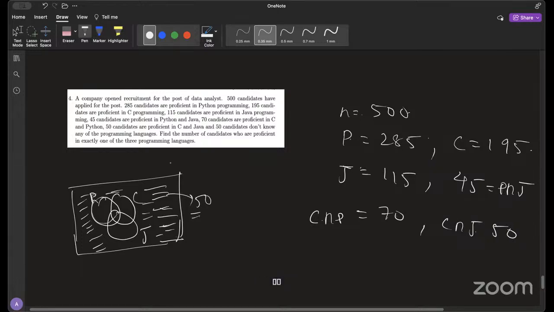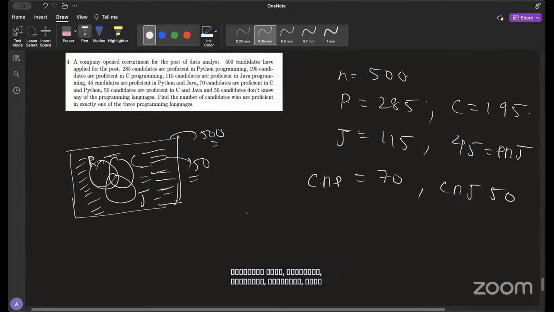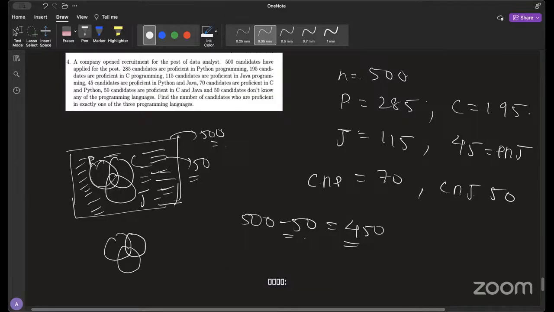So what you do is, this total thing, this box, it's 500. So you have been given 500 people, and out of those 500, 50 are not proficient in any of the three languages. That means you're left with 450 people only. So this union consists of 450 people.